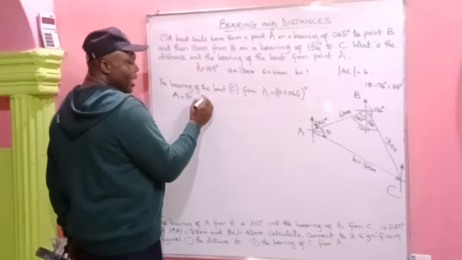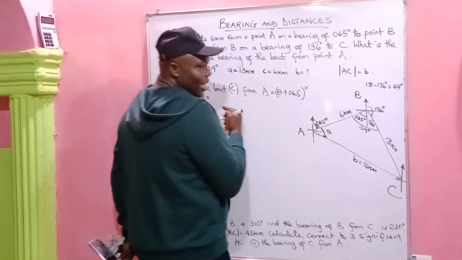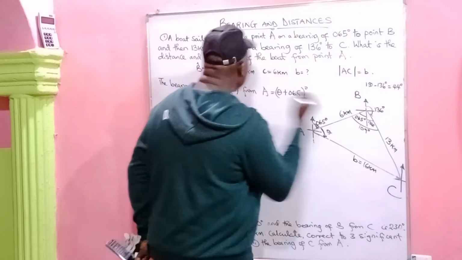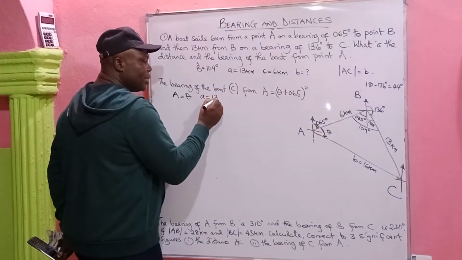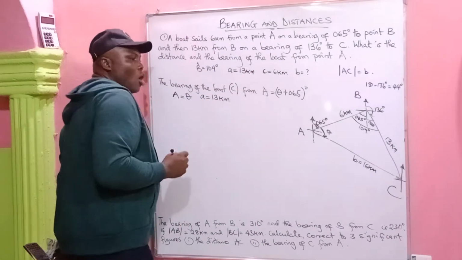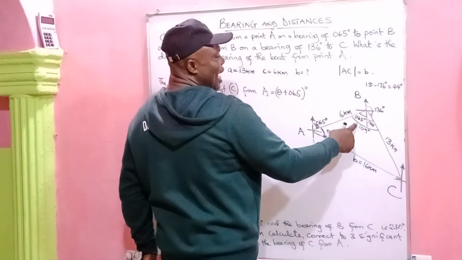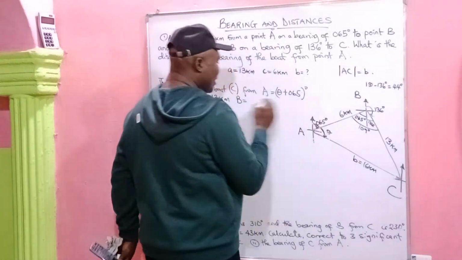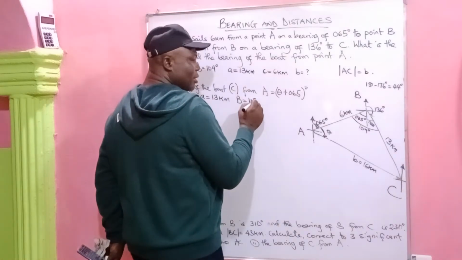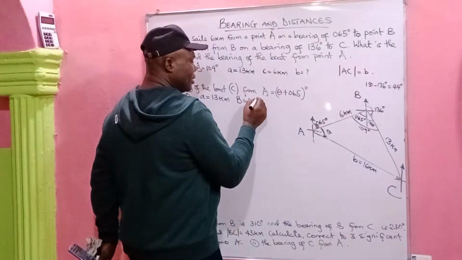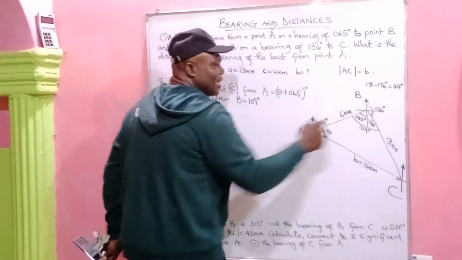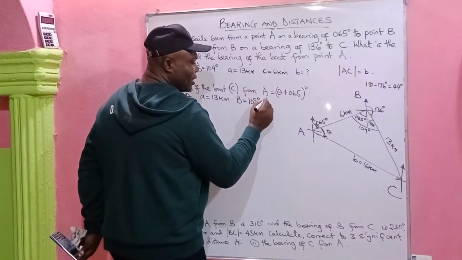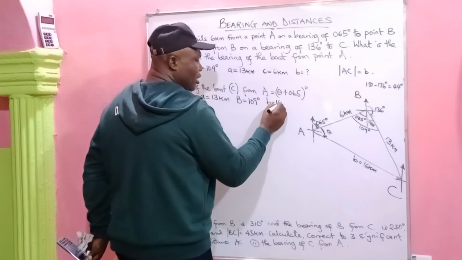Small a, which is facing big A, is 13 kilometers. Also, we know the angle at B is 109 degrees, and we have already calculated the side facing B, which is small b, now 16 kilometers.